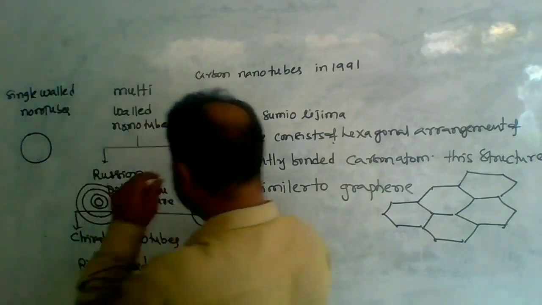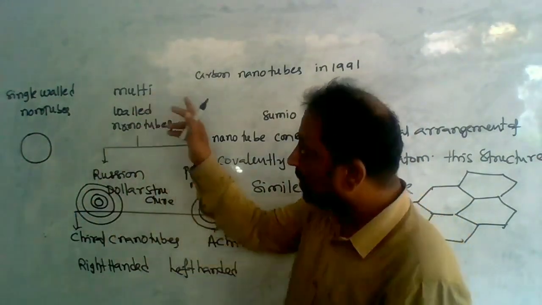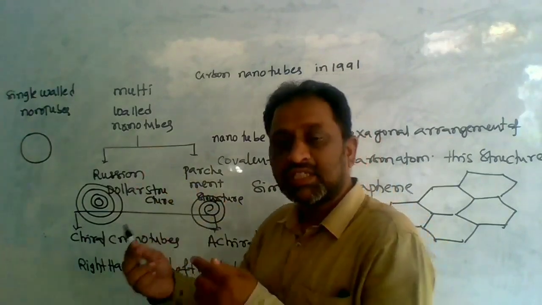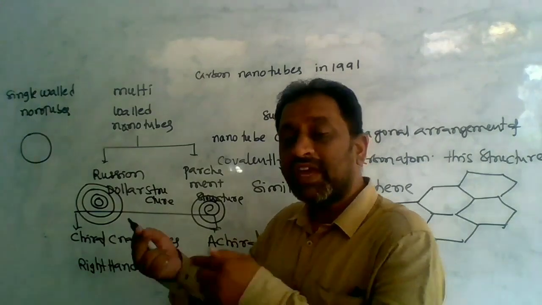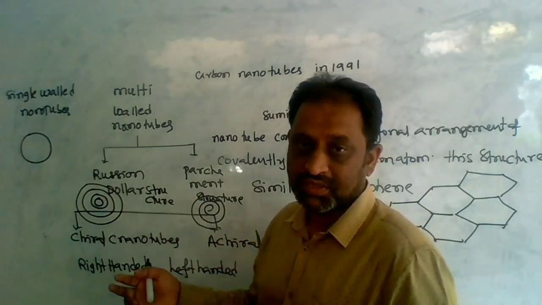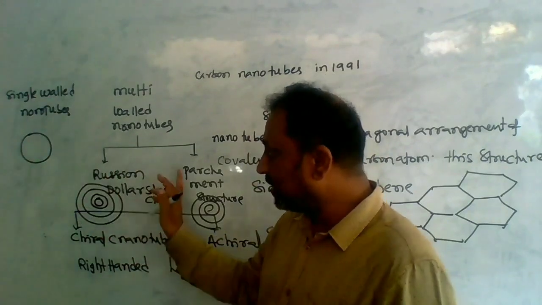Multi-walled nanotubes consist of a number of graphene sheets, multiple layers. They are divided into two types.